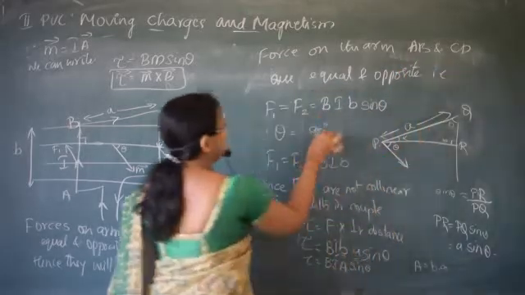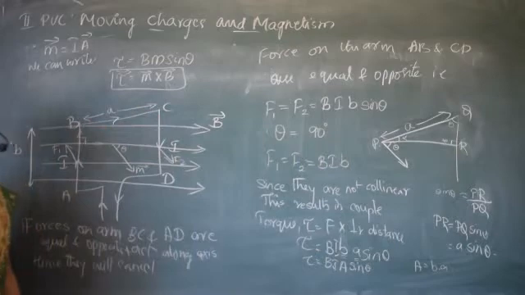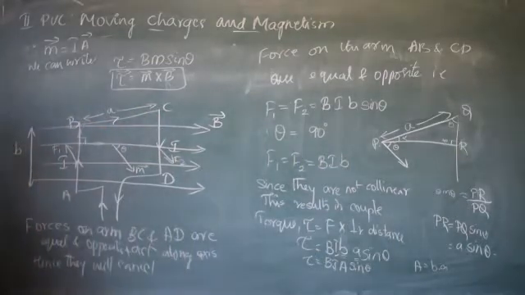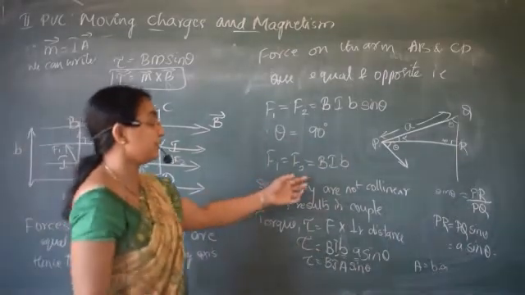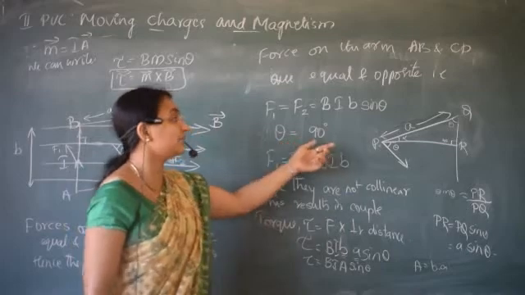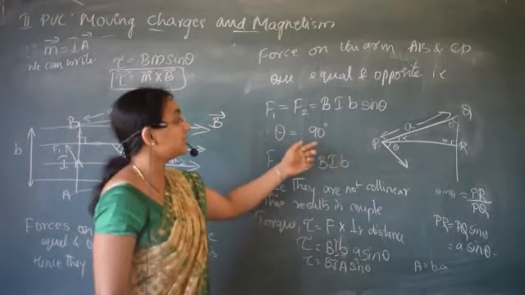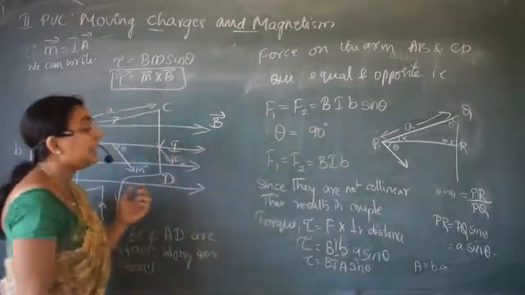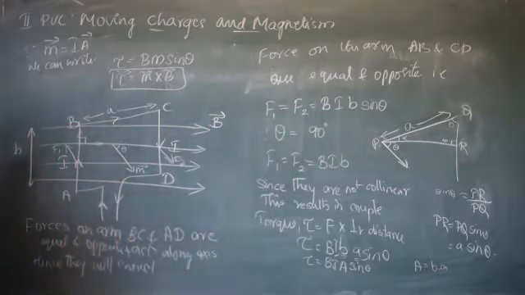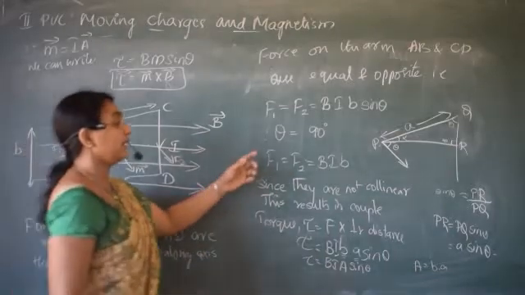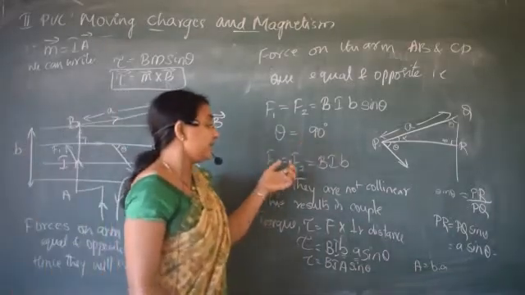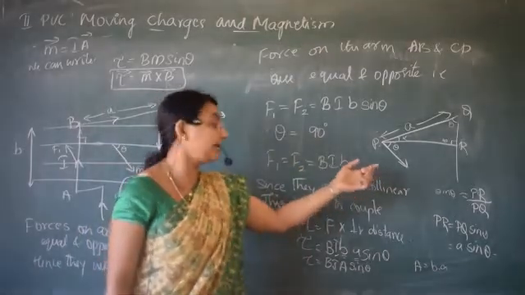That is F1 is equal to F2 is equal to BIb sin theta, or F1 is equal to F2 is equal to BIb. Why? Theta is the angle between the current and the magnetic field, which is 90 degrees. So therefore I can write theta is equal to 90 degrees. F1 is equal to F2 is equal to BIb.